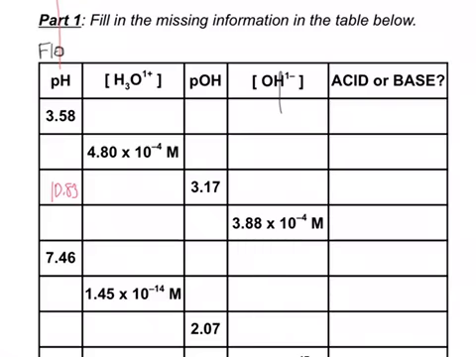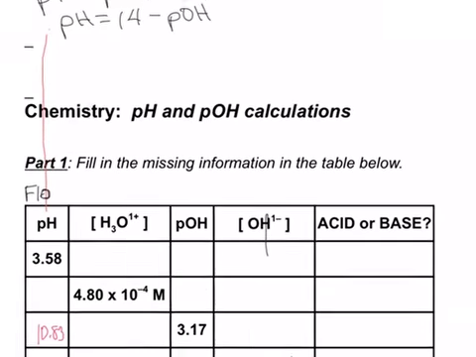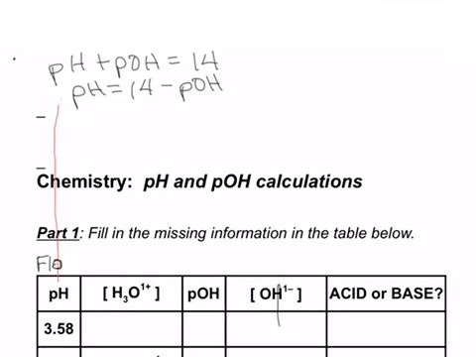Now, if we don't know what the pOH is, the second formula we can use to calculate pH is using the concentration of hydrogen ions.